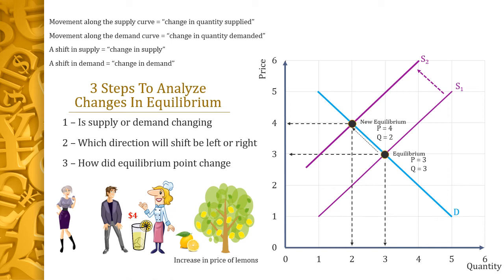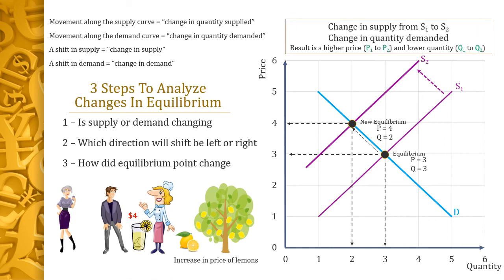So while Chef Florence has had an increase in her price to cover her costs, remember an increase in price is probably going to reduce your demand. So how would we say this? How would we write this up? Well, we'd say there was a shift in supply from S1 to S2, and there was a change in quantity demanded. So the result was from price 1 to price 2 and a lower quantity of Q1 to Q2.